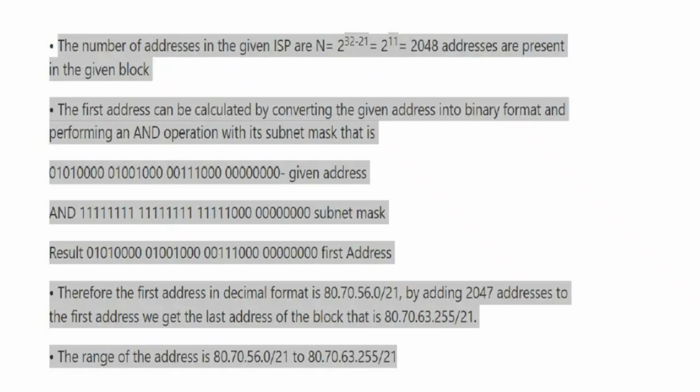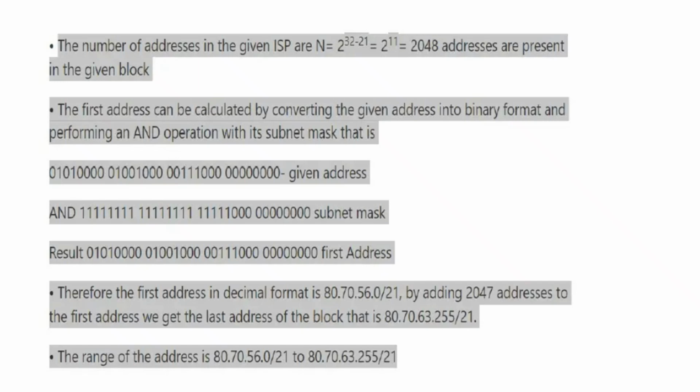So perform the AND operation with the subnet mask. How can you find the subnet mask? For the given IP address, you have to convert it into its binary form. Take the left 21 bits and make them all 1, and the remaining 32 minus 21, the rightmost 11 bits, you have to make 0.